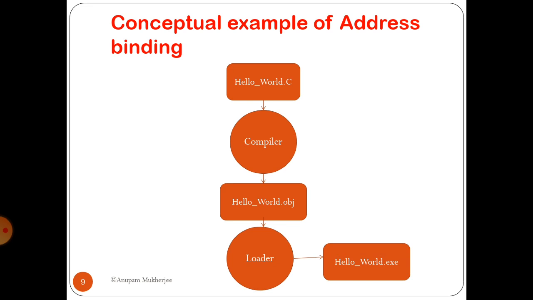In that way, the source file or symbolic address is mapped or bound to the base address or relocation address, and that base address and relocation address are bound or mapped to the absolute or physical address space. This is the actual concept of address binding.